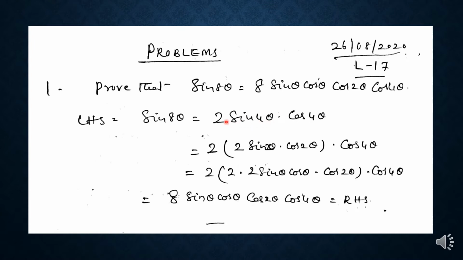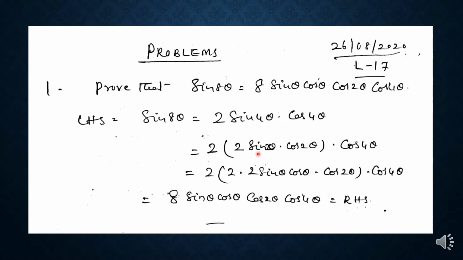So this is in the form of sin 2a, where a is equal to 2 theta, which can be written as 2 sin 2 theta into cos 2 theta into this cos 4 theta. So this becomes 2 into 2, 4 sin 2 theta into cos 2 theta into cos 4 theta.